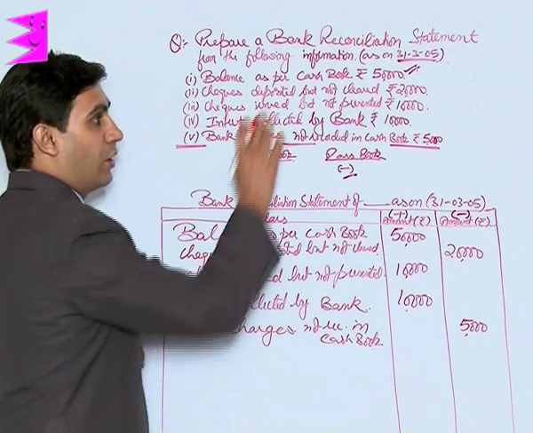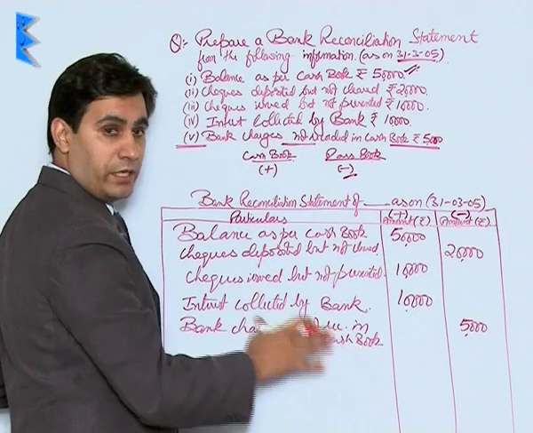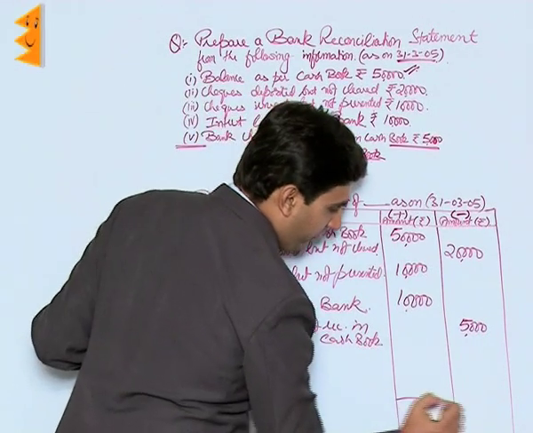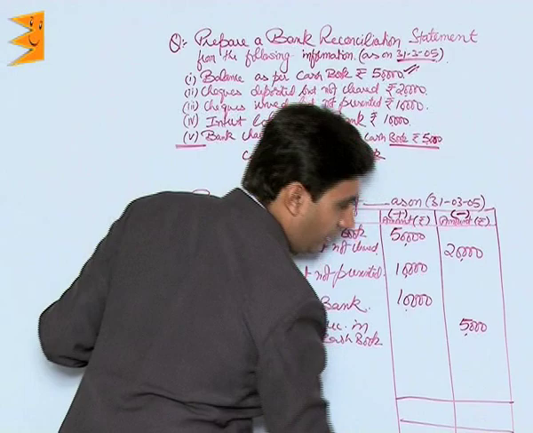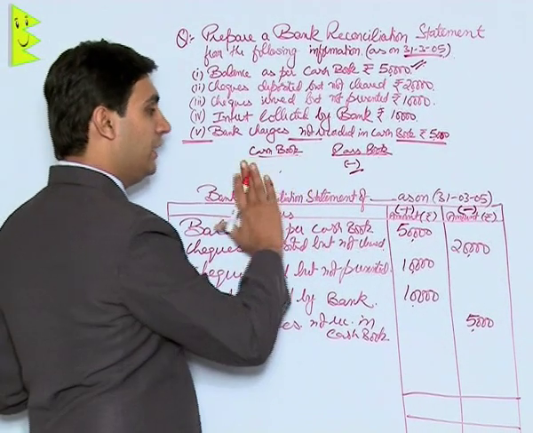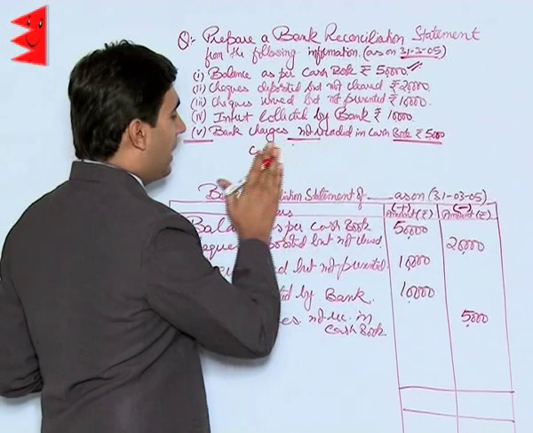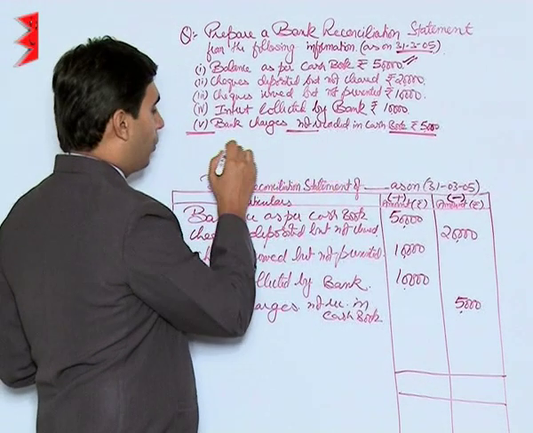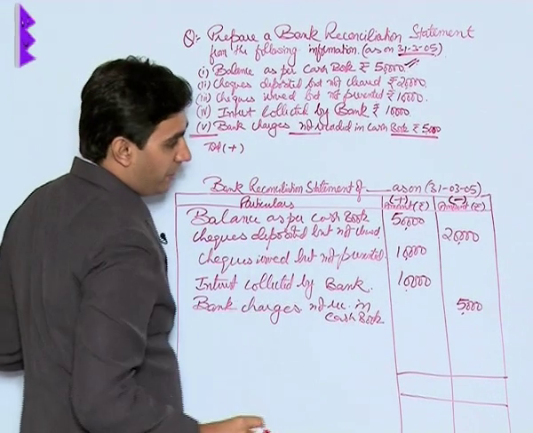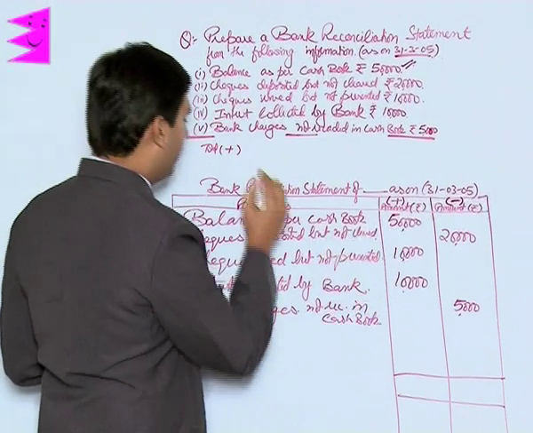So now students, all these entries have been entered here in the bank reconciliation statement. Let us find the total and find the balance. Again, its totaling and balancing are a bit similar to the balancing of accounts. The total on the positive side is 50 plus 10 plus 10, that is 70,000.